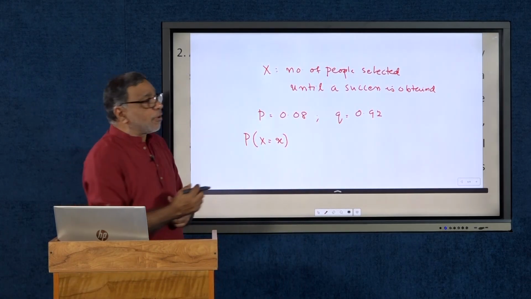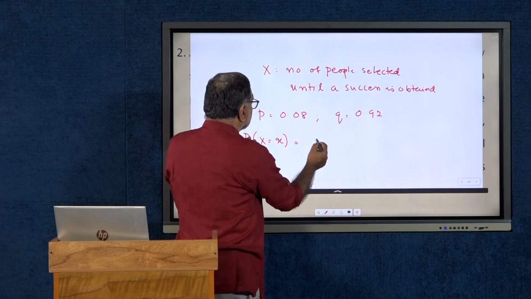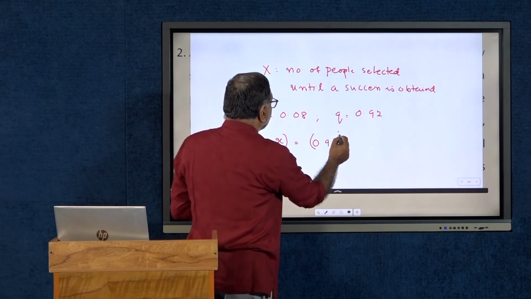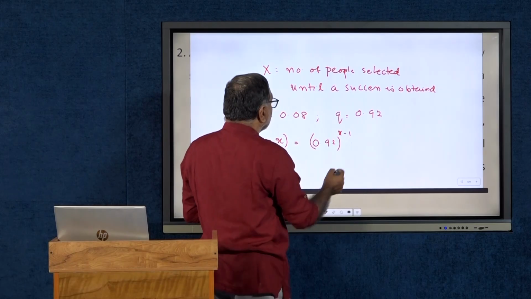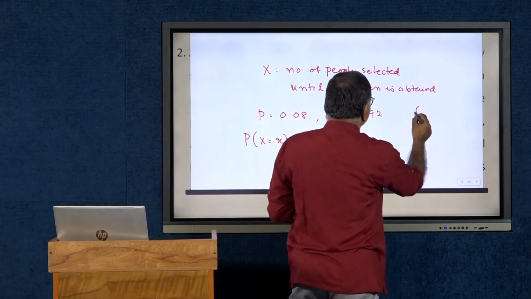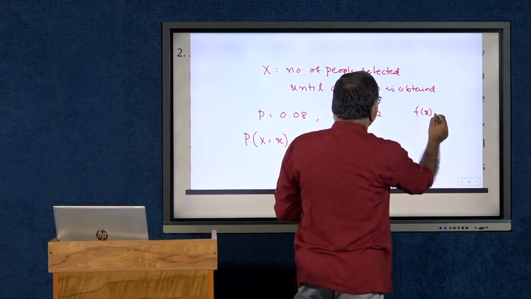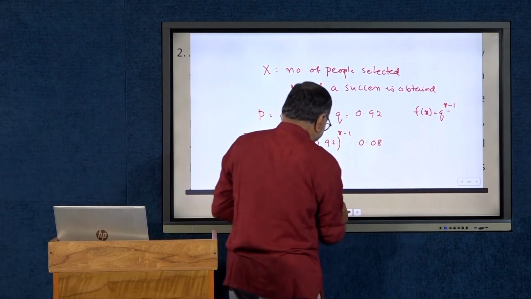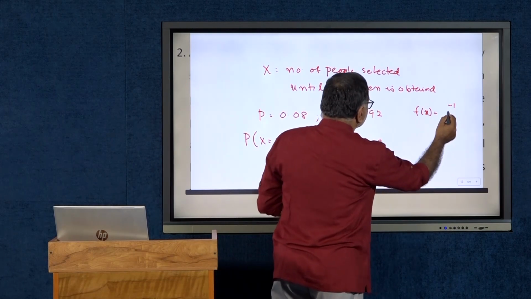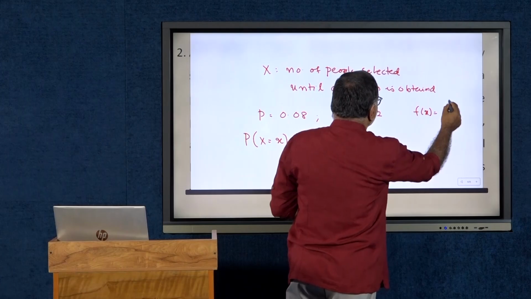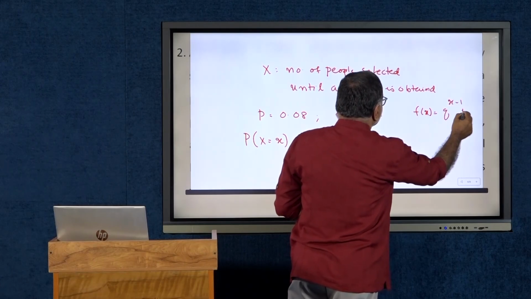So, what is our probability mass function? It is 0.92 power x minus 1 into 0.08, because we have f of x equal to q power x minus 1 into p.